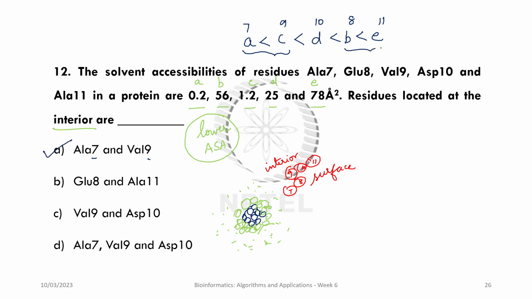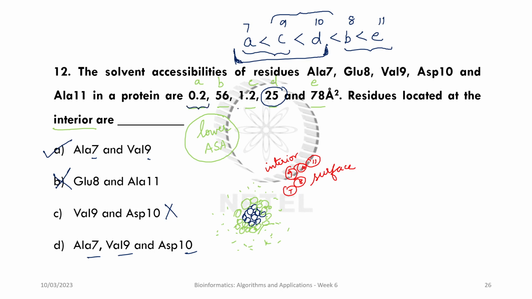8 and 11 are the most exposed, therefore this is wrong. 9 and 10, okay, but when you have 7 and 9, this is not the best option. 7, 9, and 10, again, you have three options which are falling on the leftmost side of buriedness. But when you take option D, just 25, right?